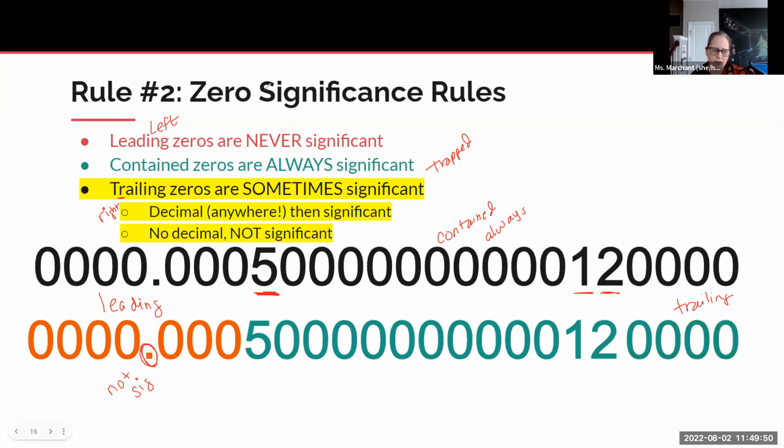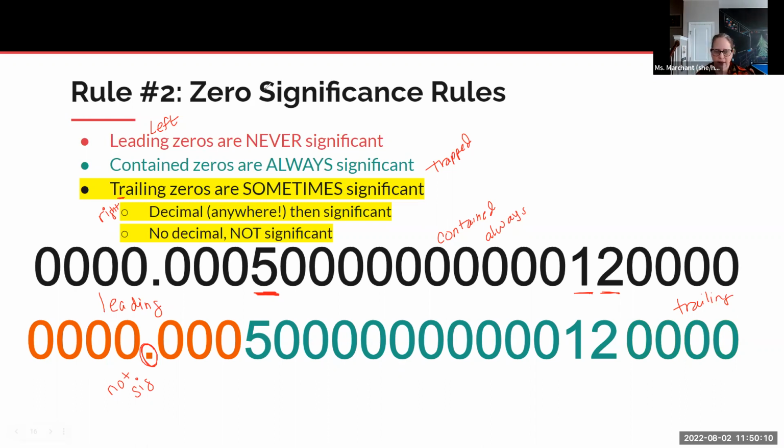So my number is 0000.0005, 0.0000000001200000. Those leading zeros are not significant.